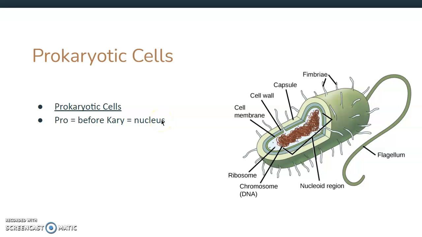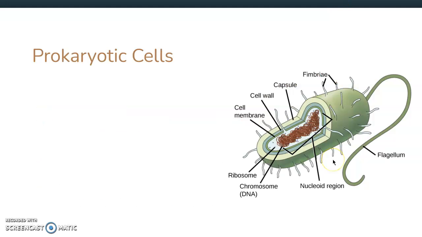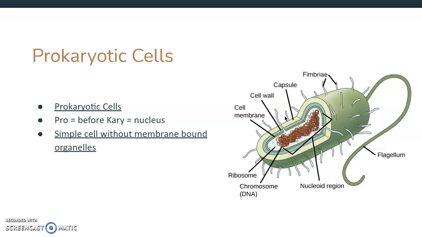The idea is that prokaryotes, because they're simpler, were the first form of a cell, and then they evolved to be more complex and look more like this. So we believe that before there was a nucleus and all these organelles, prokaryotic cells had evolved. It's a simple cell without membrane-bound organelles.